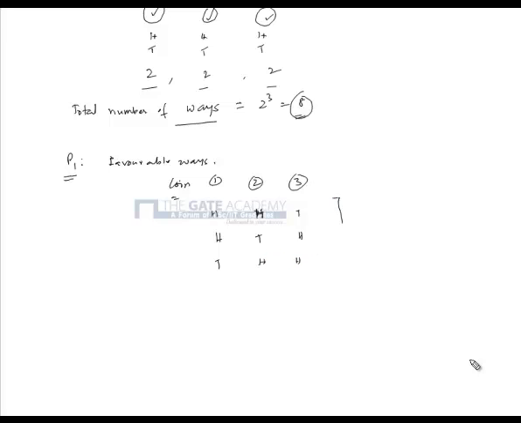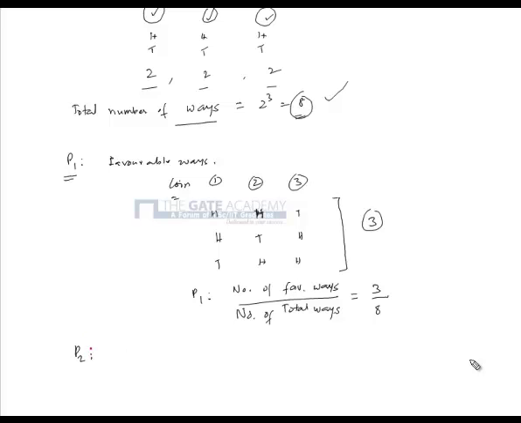So these are only the 3 combinations which give me exactly 2 heads. So the probability is basically the number of favorable ways by the total ways. So favorable, as we have seen, is 3, total is 8. Okay, so 3 by 8.